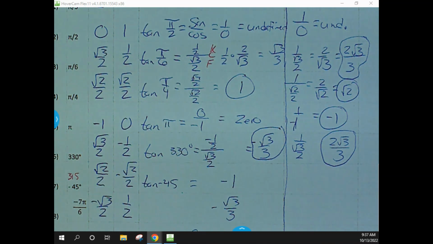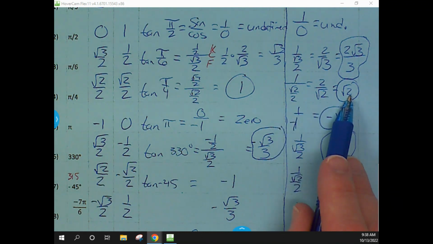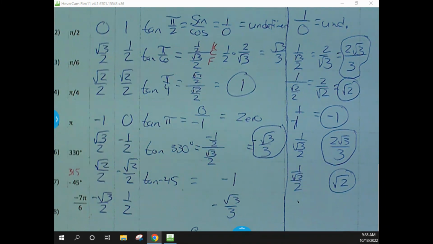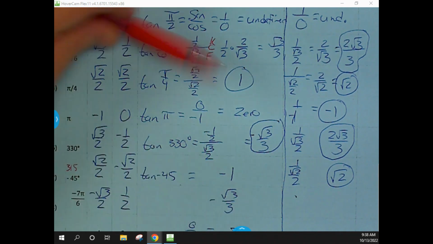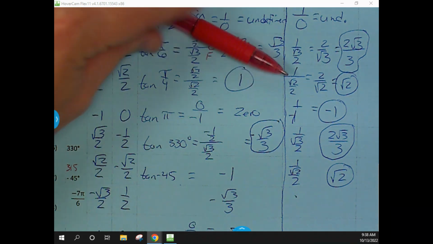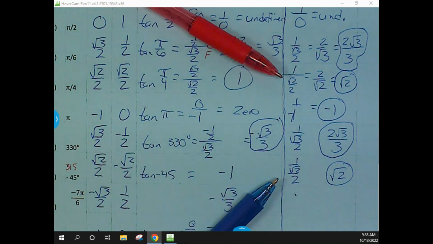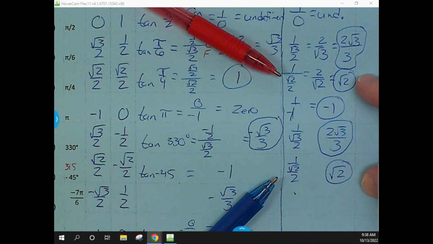The next one would be 1 over the square root of 2 over 2. But we just did that one right here. That answer is just square root of 2. It's just going to keep repeating as we go through those.